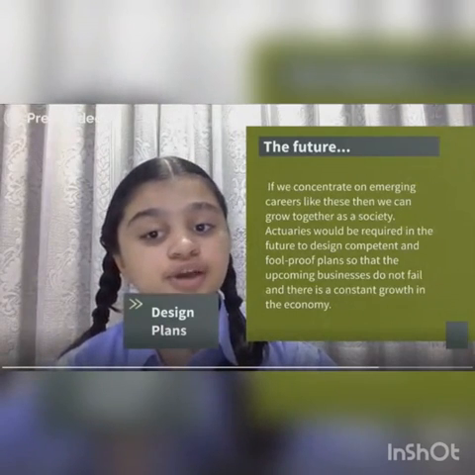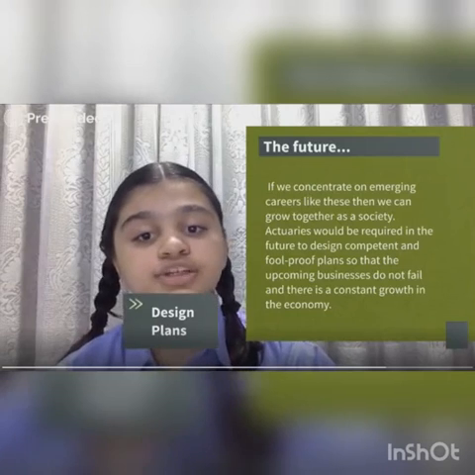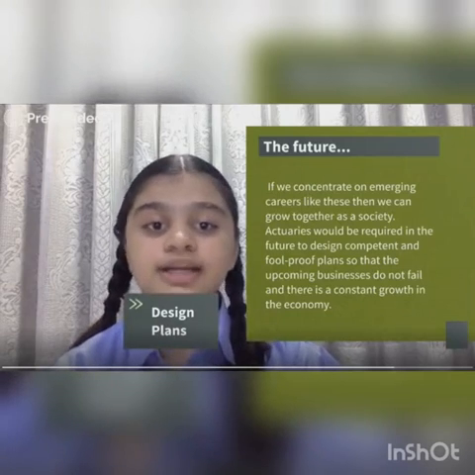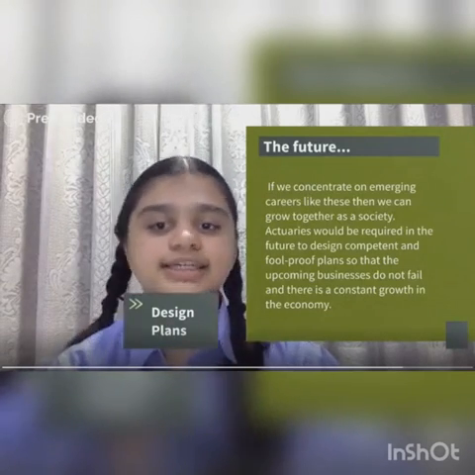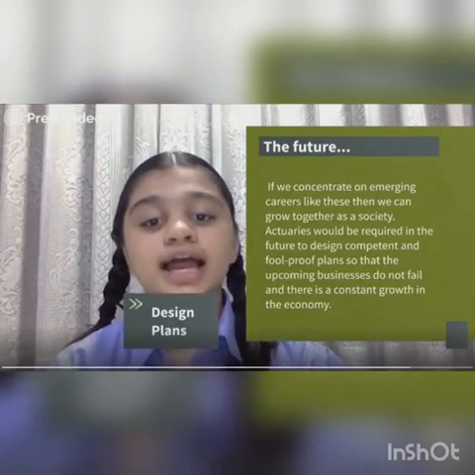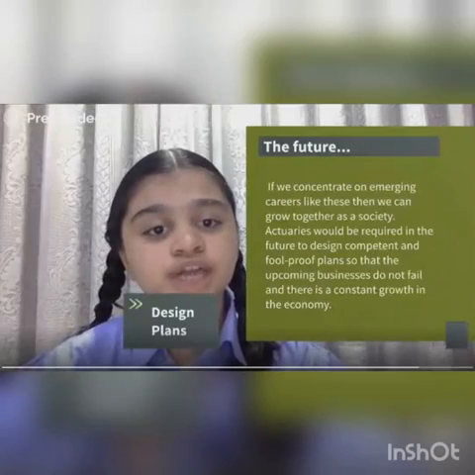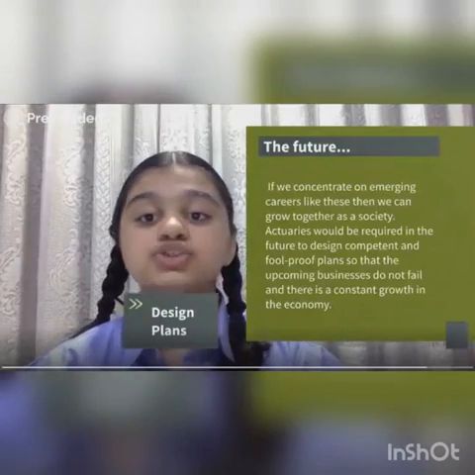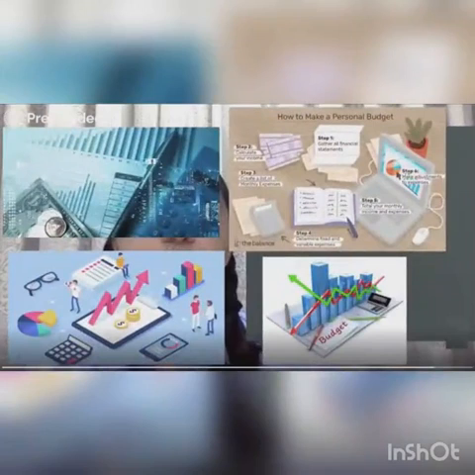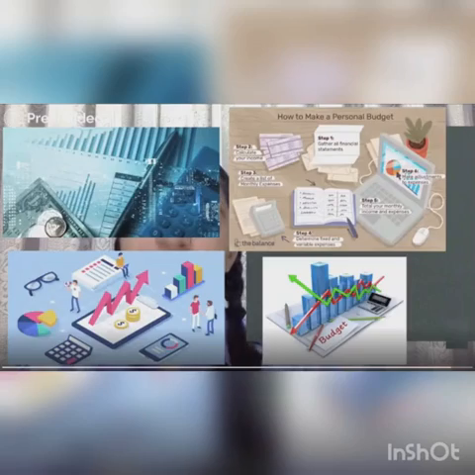Actuaries usually enjoy a combination of working in a business environment and applying mathematical and statistical skills in their jobs. Actuaries would be required in the future to design infallible plans so that the upcoming businesses do not fail and there is a constant growth in the economy.